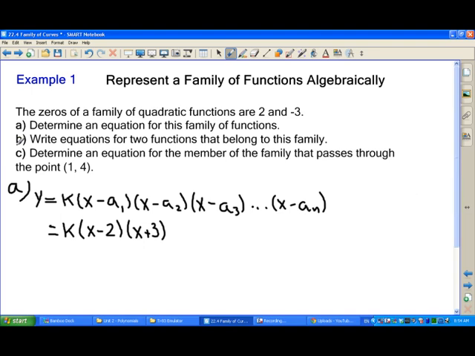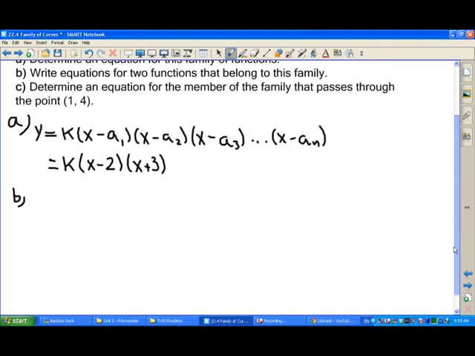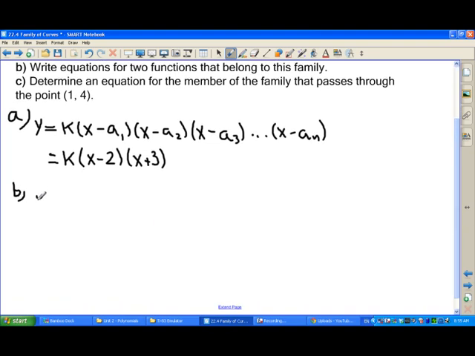Part B is actually a question that a lot of people have trouble with. I've always found that confusing. Part B is asking us to write equations for 2 functions that belong to this family. So answering this question is as easy as choosing 2 different k values.